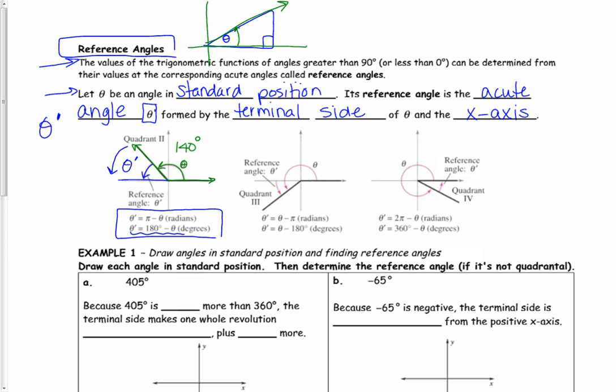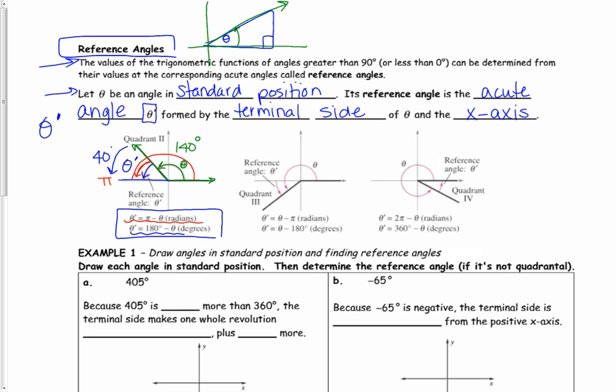So I would say 180 minus 140 is 40 degrees, and 40 degrees is the amount that I have left to travel to get to the x-axis there. What if I were in radians instead? If I were in radians, instead of 180, this line would be at pi. That's the value of going all the way from the x-axis in the positive direction to the x-axis in the negative direction. So if I'm trying to figure out how big to make this portion right here, instead of doing 180 minus theta, I would do pi minus theta instead.